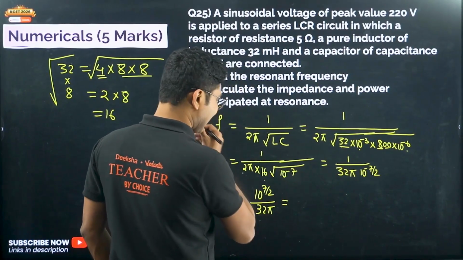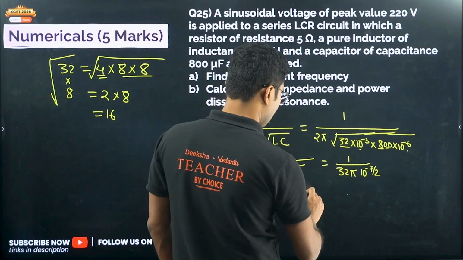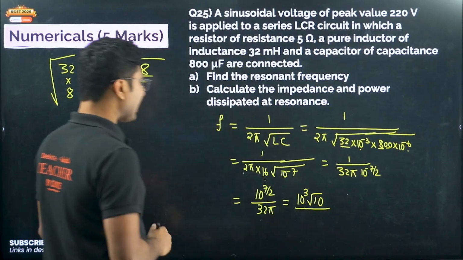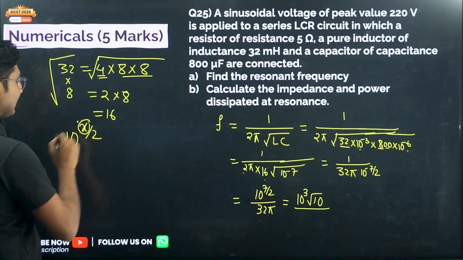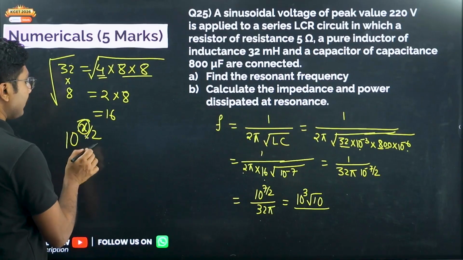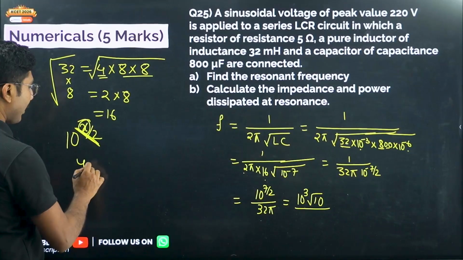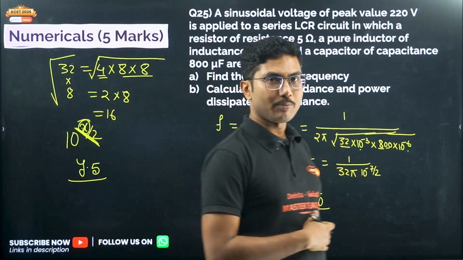So what is 10 to the power of 7 by 2? Which is 10 to the power of 3 root 10. Whenever you see 10 to the power of x by 2, and x is an odd number, first of all you divide the number, and suppose you get y.5. Which is the odd number, you will always get y.5.